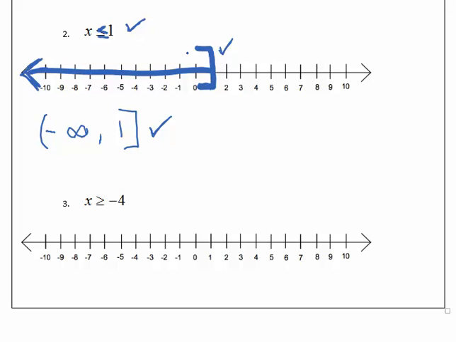Okay? Moving on. Greater than or equal to negative 4. So again, I consider the way that guy's pointing and the underscore meaning negative 4 is included. So everything's going to the right. So I use a bracket. And then I'm going to infinity, so I just graph everything going to infinity.